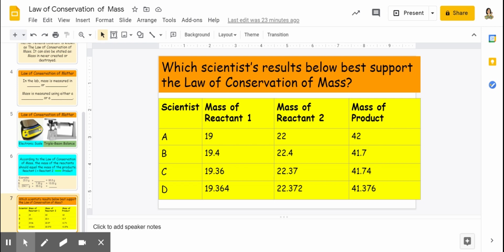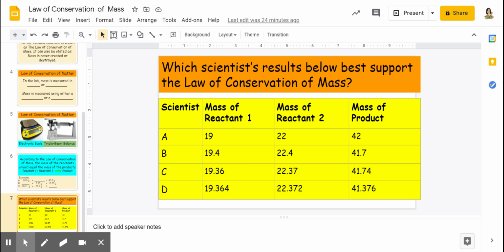What do you think? Which scientist's results below best support the law of conservation of mass? Are you done? Yes, you are right. The answer is D.